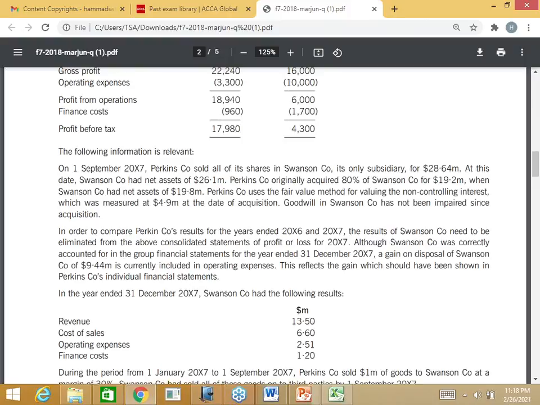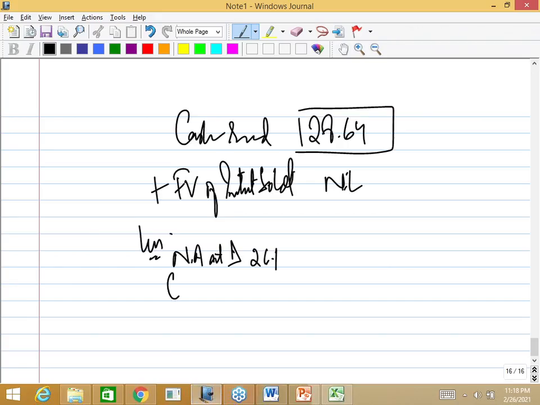The cost of the investment is 19.2 plus the fair value of NCI 4.9 less the fair value of net assets 19.8. So the value of the goodwill is 4.3. We add the value of the goodwill here, which will be 4.3 less the NCI figure.